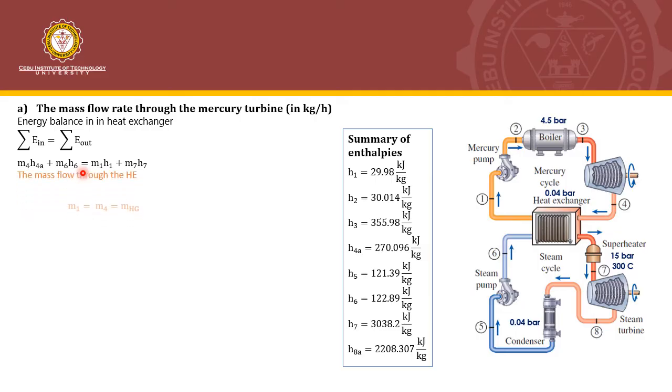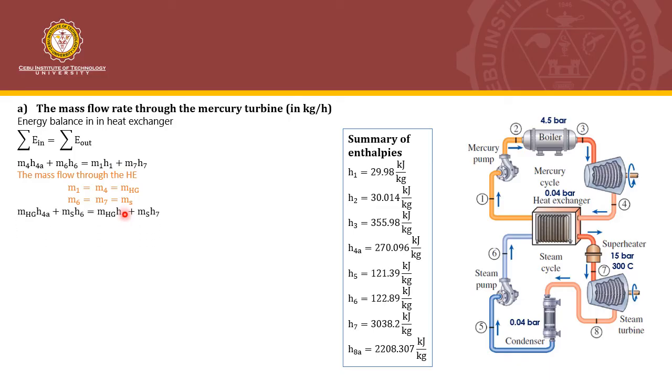The mass flow rate of the heat exchanger, M1, is just equal to M4 because this is just one loop here for the Mercury cycle, and that is equal to the mass flow rate of the Mercury, which is the unknown in this problem. And then we have M6 is just equal to M7 because this is the equal loop. So that's why we have this relationship equal to MS, or the mass flow rate of the steam.